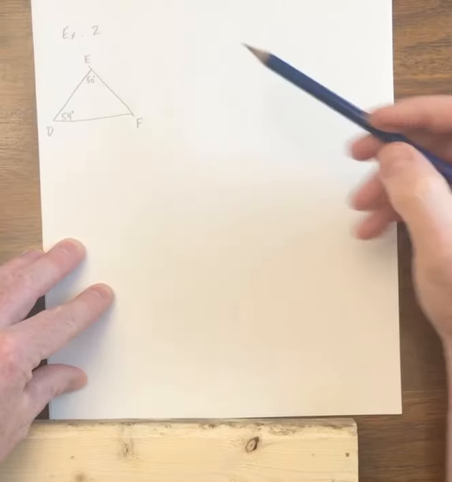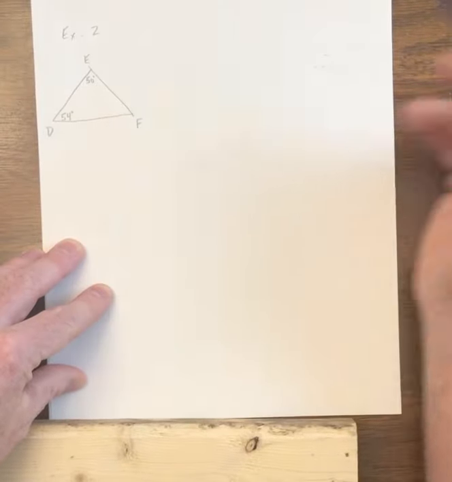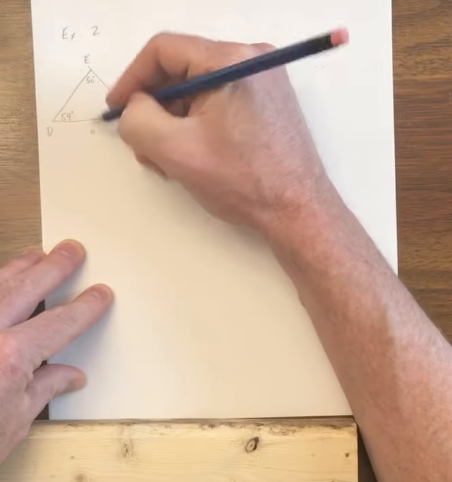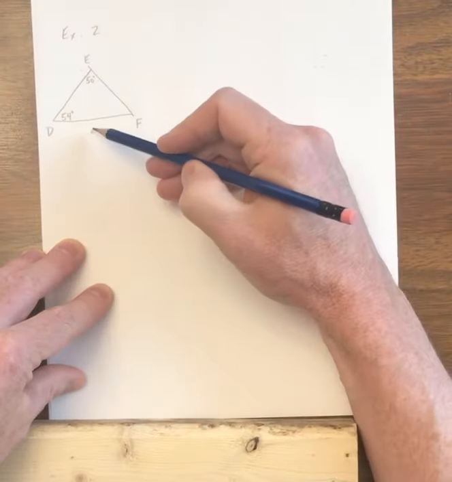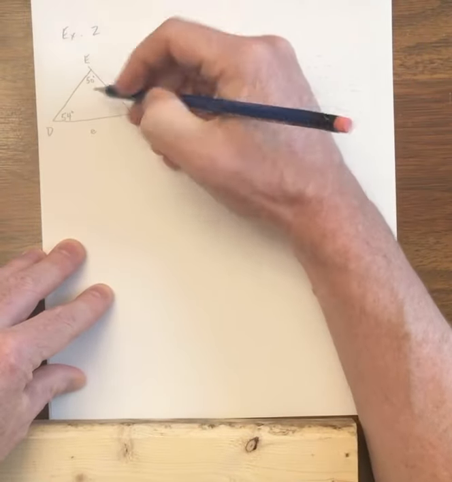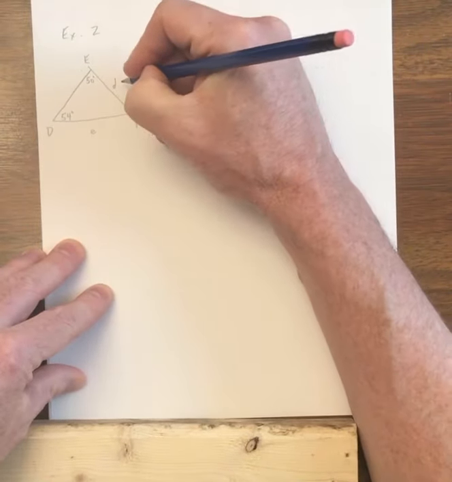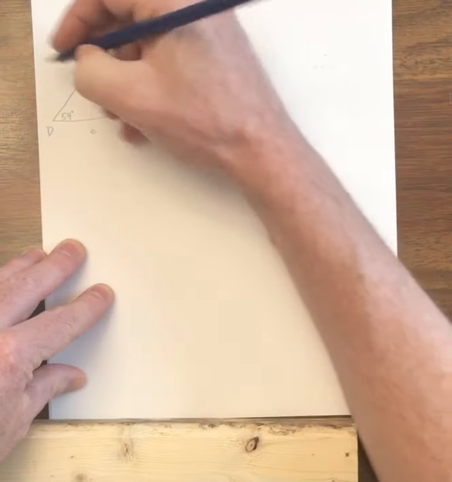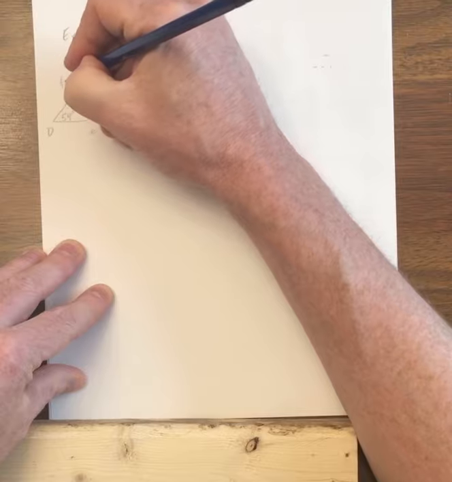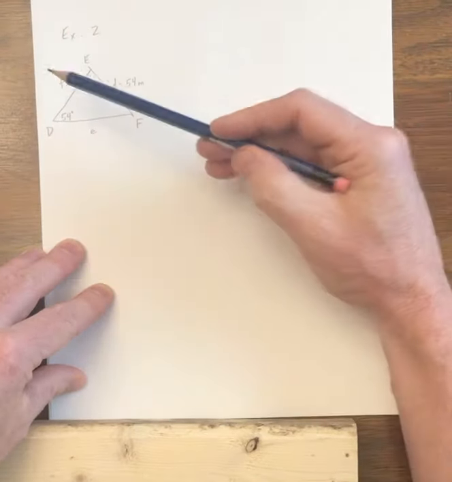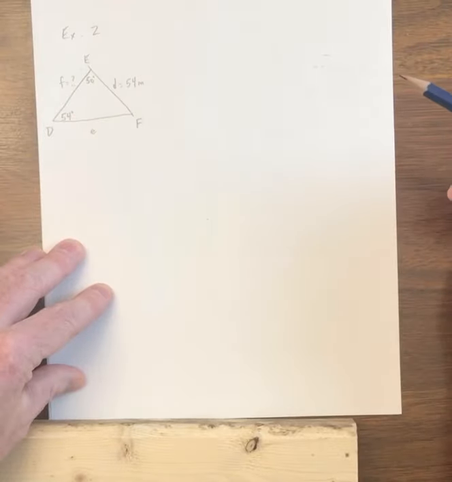I guess we could use our 180 rule to find out angle F if we wanted to. Side E, which is opposite of angle E, we do not know. Side D, which is opposite angle D, we do know. It's 54 meters long. And we don't know F. And in this case, it's F that we want to find.